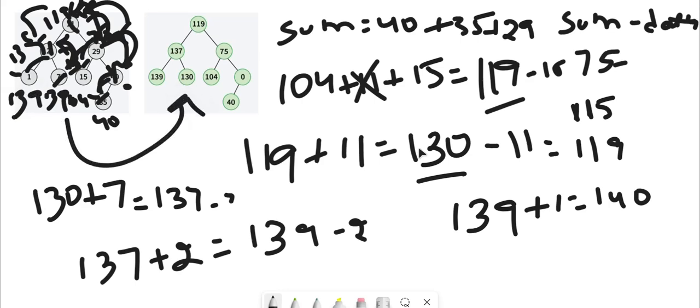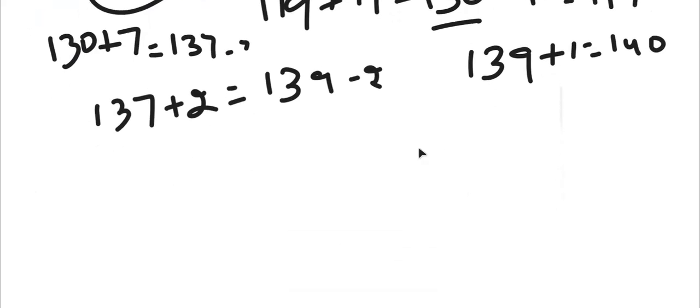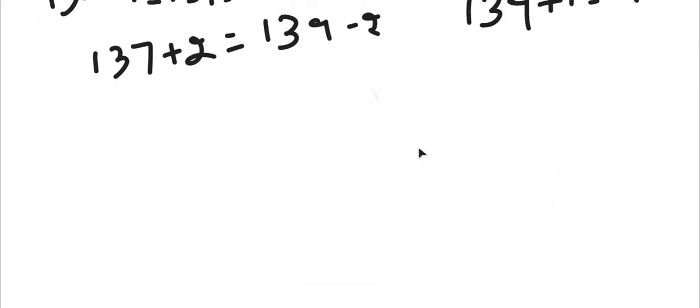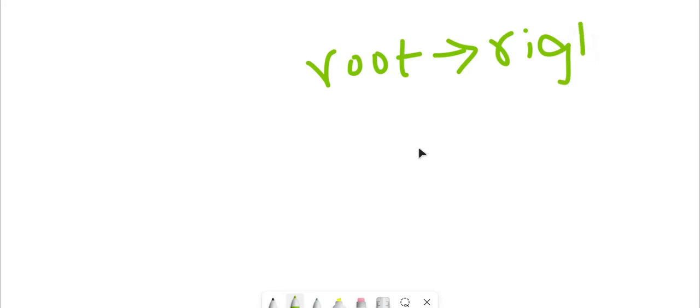So our traversing technique is, at first we need to visit root dot right. I mean we need to traverse for the root dot right. We need to maintain a running sum.